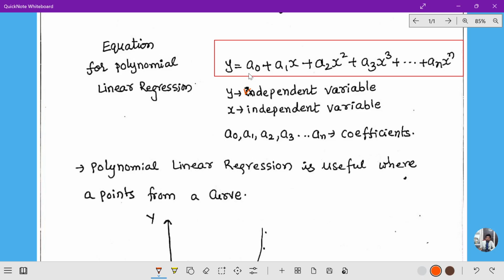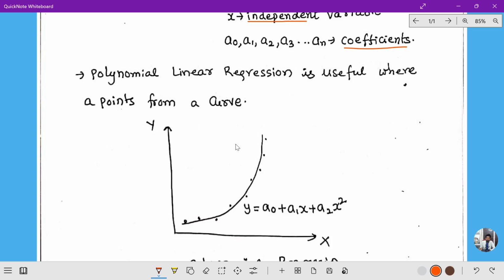Here a0, a1, a2, a3 are called coefficients and x is called the independent variable. Remember, polynomial linear regression is useful where the points form a curve.